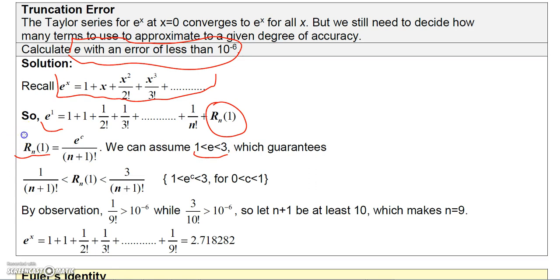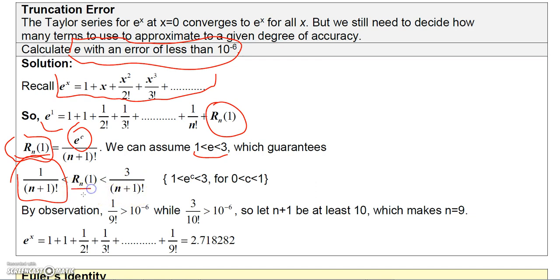So therefore, if e falls between 1 and 3, then we can say that the remainder term falls between 1 over (n plus 1) factorial and 3 over (n plus 1) factorial.